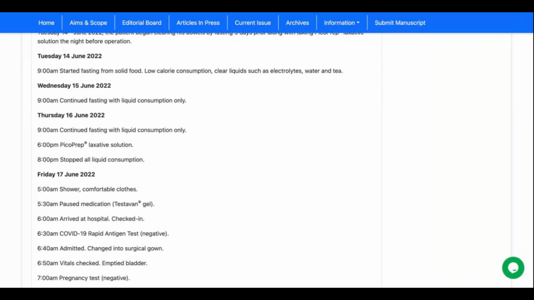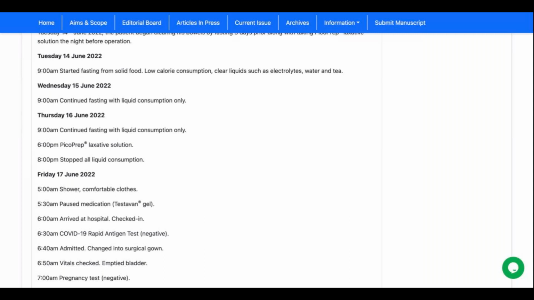But it's important to be hydrated. So drink enough water, I think until the night before, and then stop drinking water. Usually the operations are done starting from the morning.